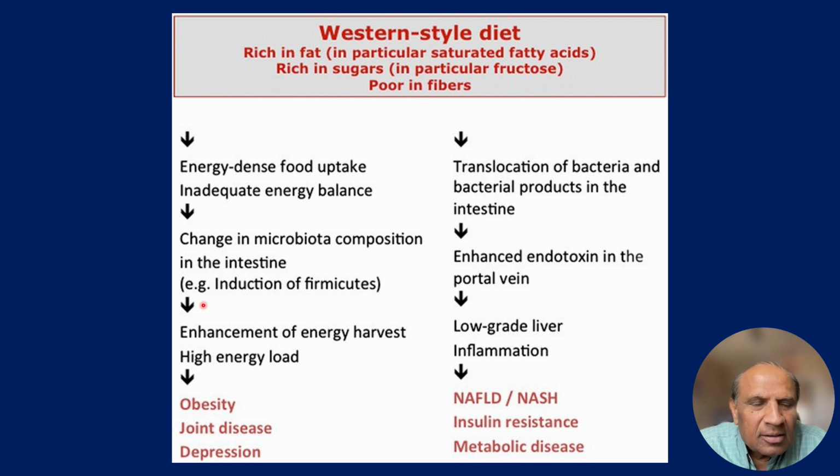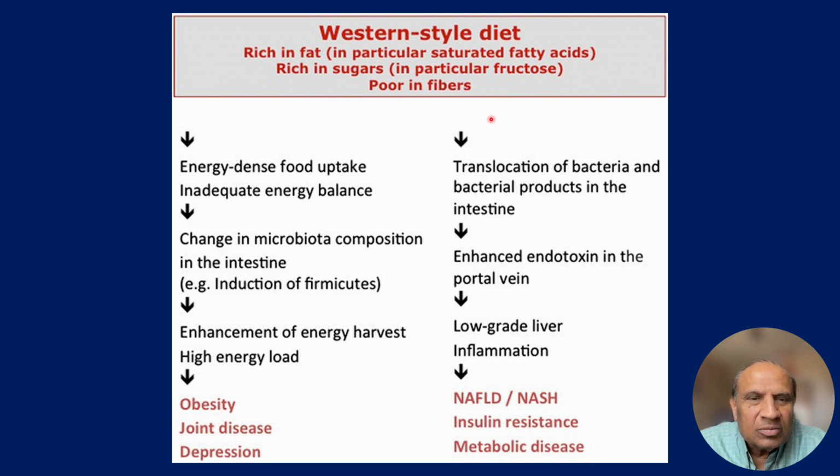And then this leads to enhancement of energy harvest, because this bacteria or abnormal microbiota may have different metabolites which increase the energy load, meaning more energy is absorbed, which leads to obesity, joint disease, depression.